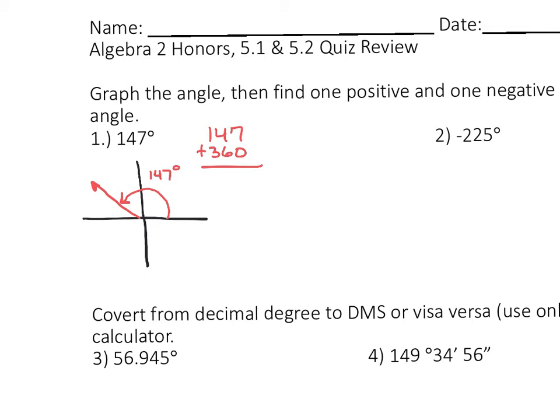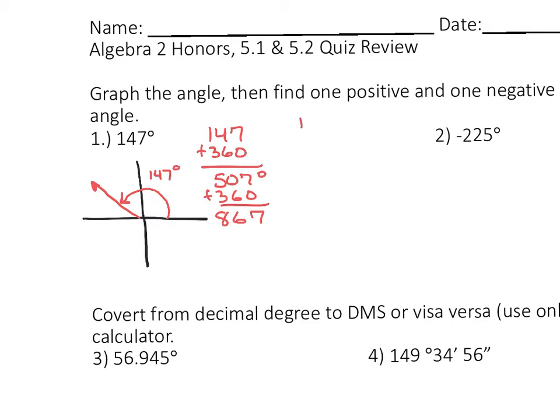And the first positive coterminal angle you would find would be 507 degrees. If you add 360 again to get another positive coterminal angle, Canvas would mark this one wrong, and I would have to go back and hand grade it. So if you're hoping to see a score, just put in the first positive you encounter.